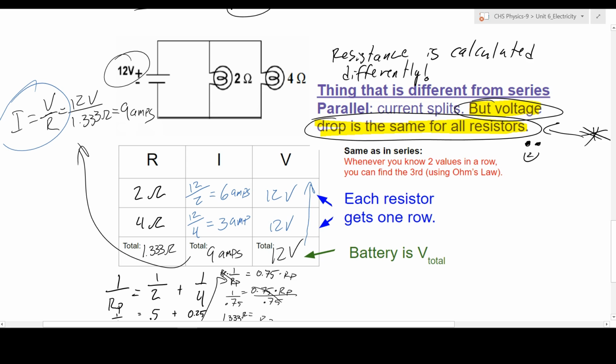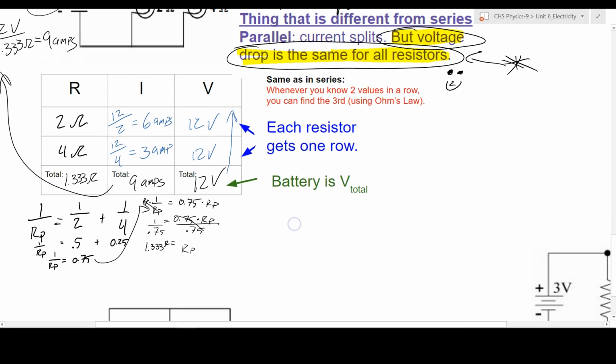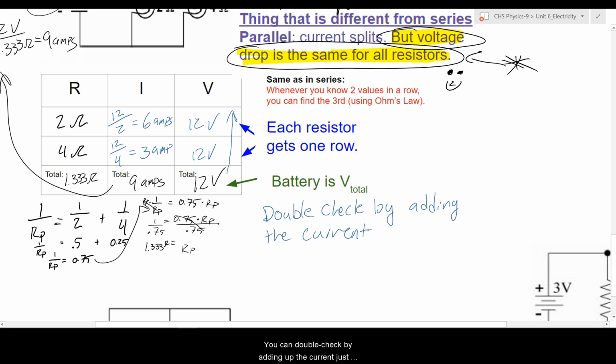Okay, and so now to double check, we can double check by adding up the current, just like how in the series one we added up all the voltages. So we end up with 6 plus 3, and that equals 9, and that tells us that we did it correct.